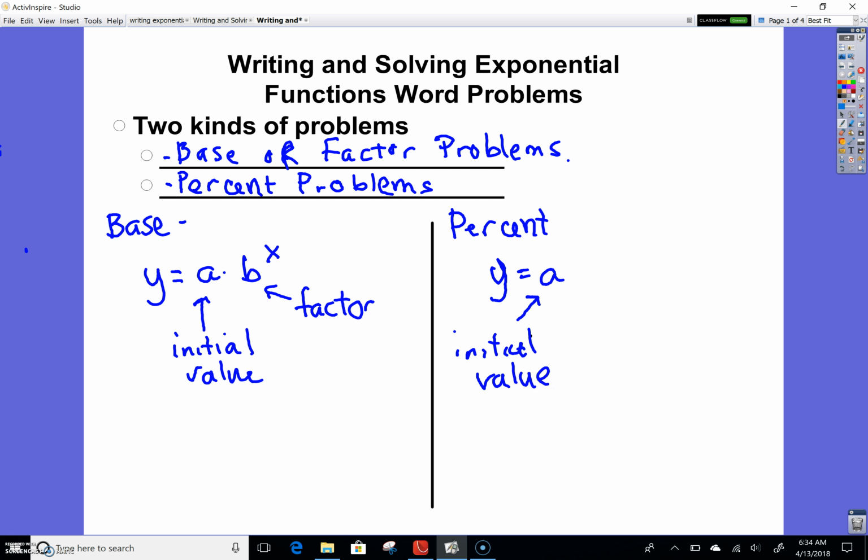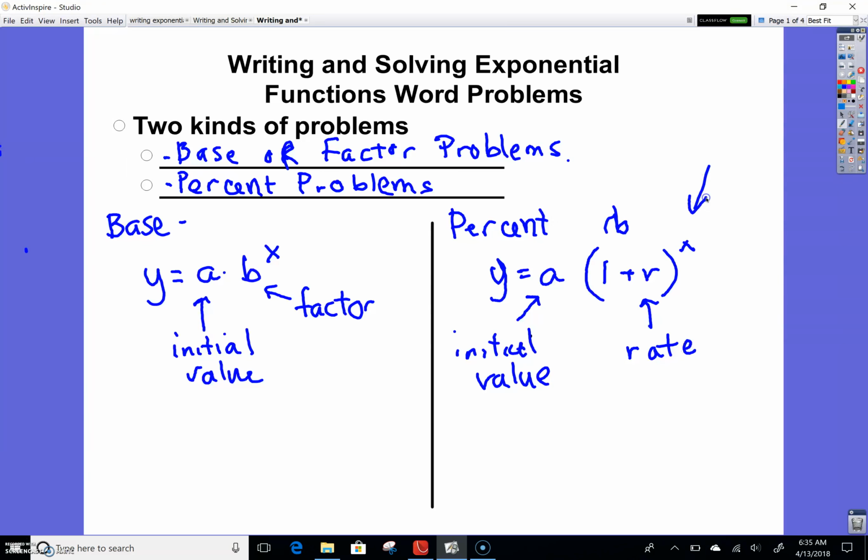But the difference is the b right here. The b is actually going to be a percent, so you're going to have to add. This is what is called a percent rate, the rate, which is in percent.